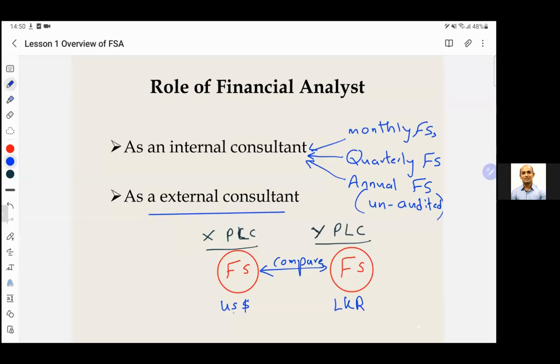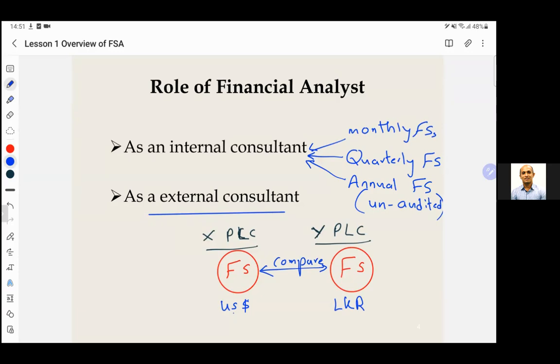You see, the exchange rate between dollars and rupees has an impact on these two companies' financial values. So you can't compare two companies because their reporting currencies are different.